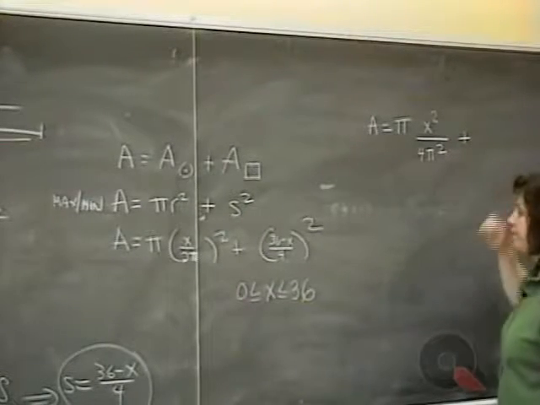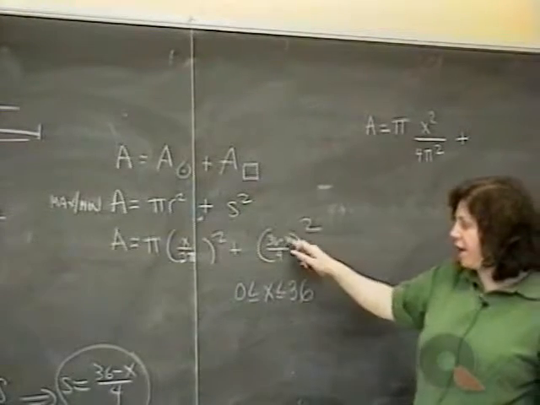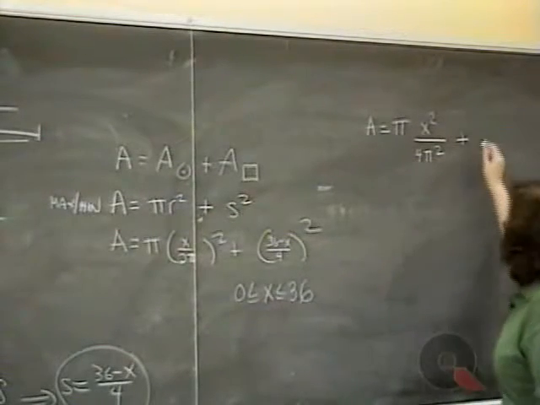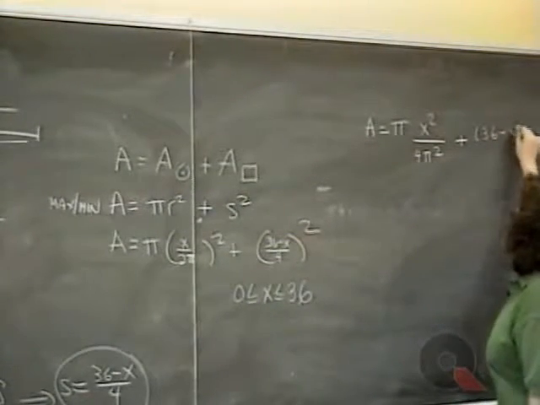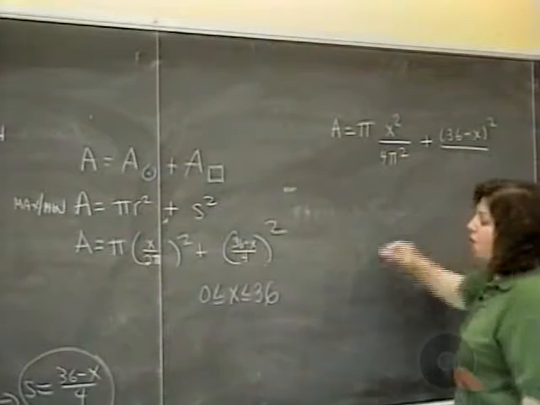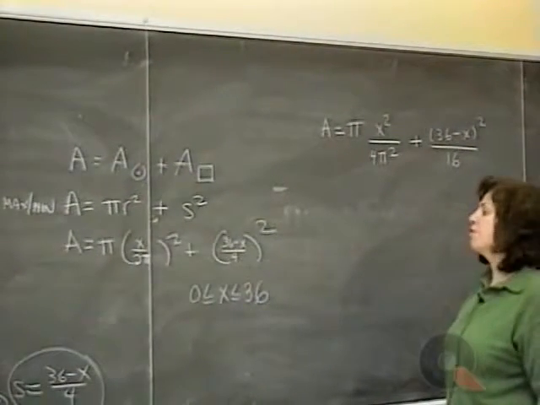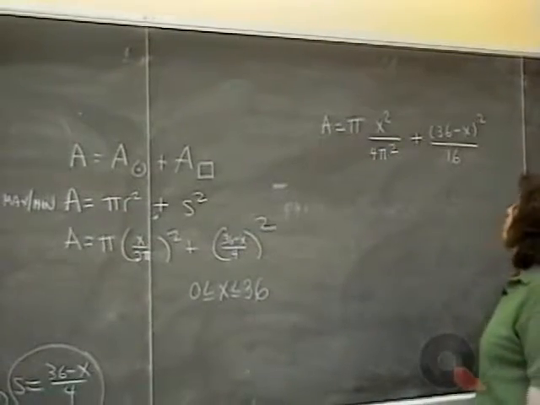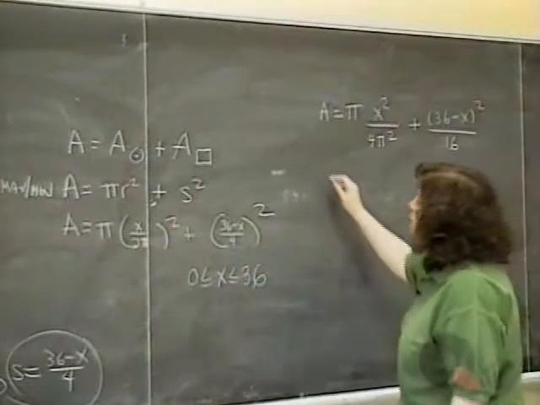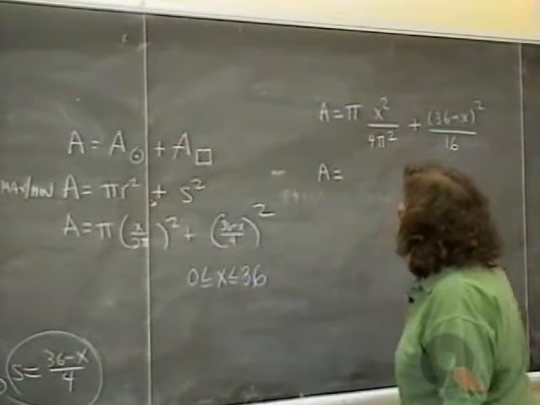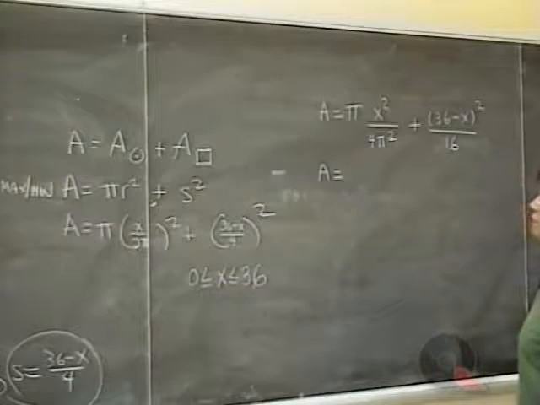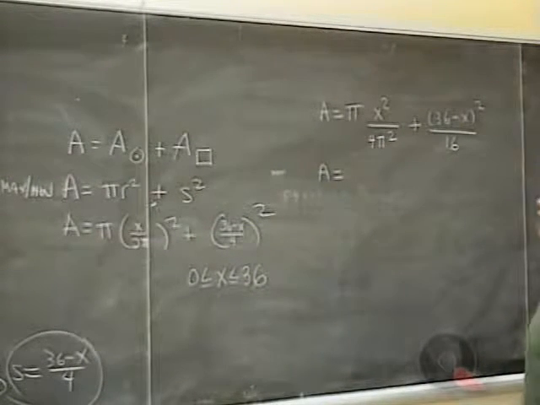Plus, once again, if this is like (a over b) squared, it's the top squared over the bottom squared. (36 minus x) quantity squared over 4 squared, which is 16. Now let me rewrite this. I'm trying to set it up so that finding the derivative will be fairly simple.